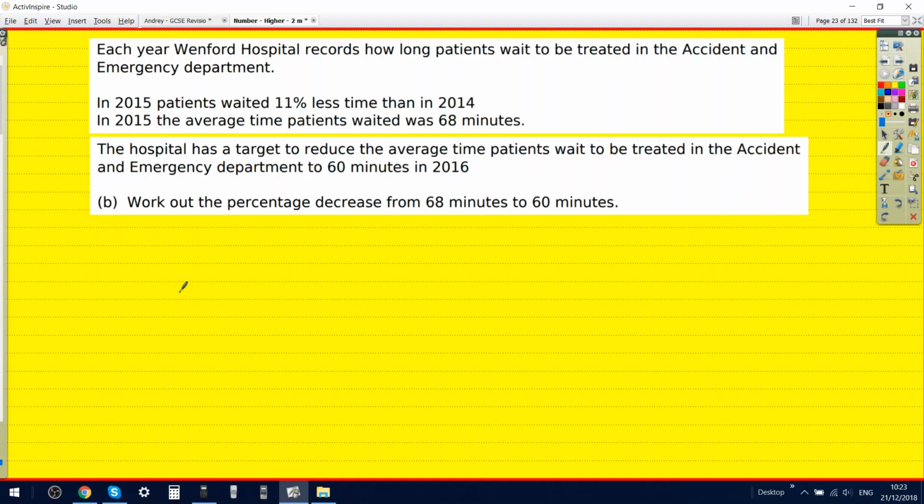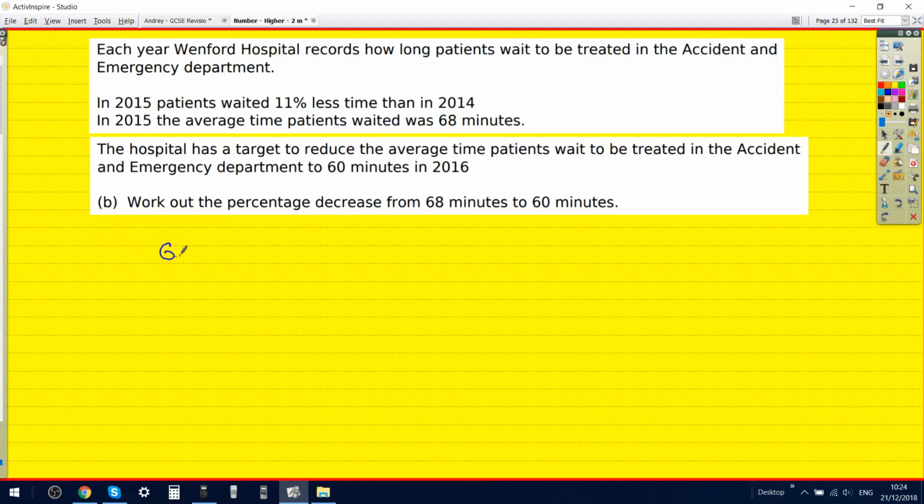Okay, how do we do this one? So could you just do here 60 over 68 times 100, and then just like take it away from 100, the answer?